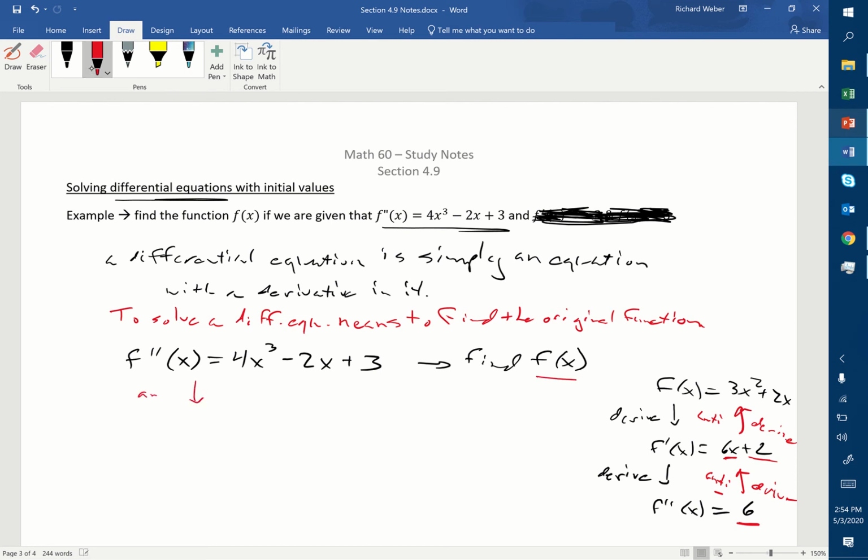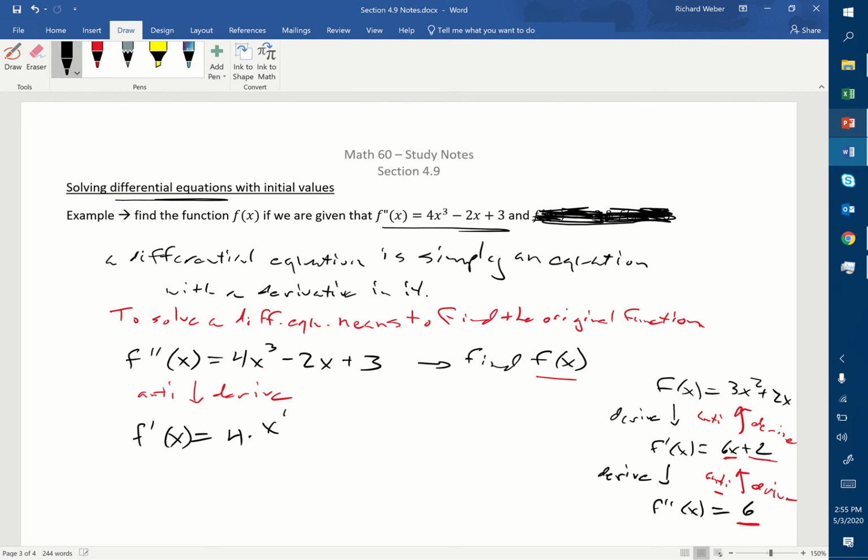So what are we going to do? We're going to anti-derive. So when we do that, and if we've been practicing, we will call it f prime is the antiderivative of f double prime. F double prime is the derivative of f prime, and vice versa, right? So we'll go, it's equal to 4 times, remember the rule for powers?